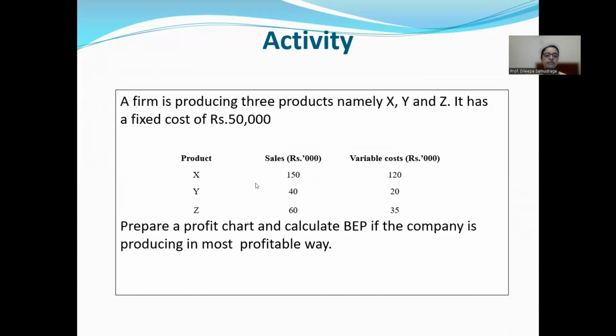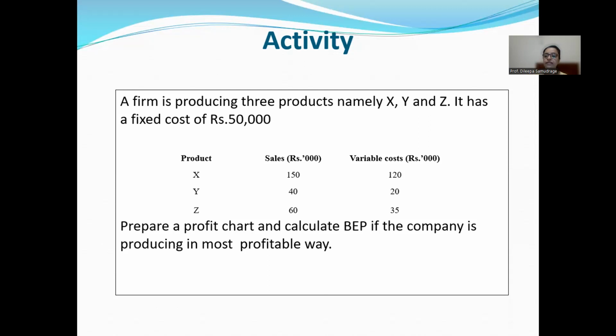For example, say selling price per unit of X is 100, Y is 80 rupees, another is 60 rupees, something like that. Then the selling price per unit is different and the sales quantity is also different, right? So if you take sales quantities, it doesn't reflect the real situation.